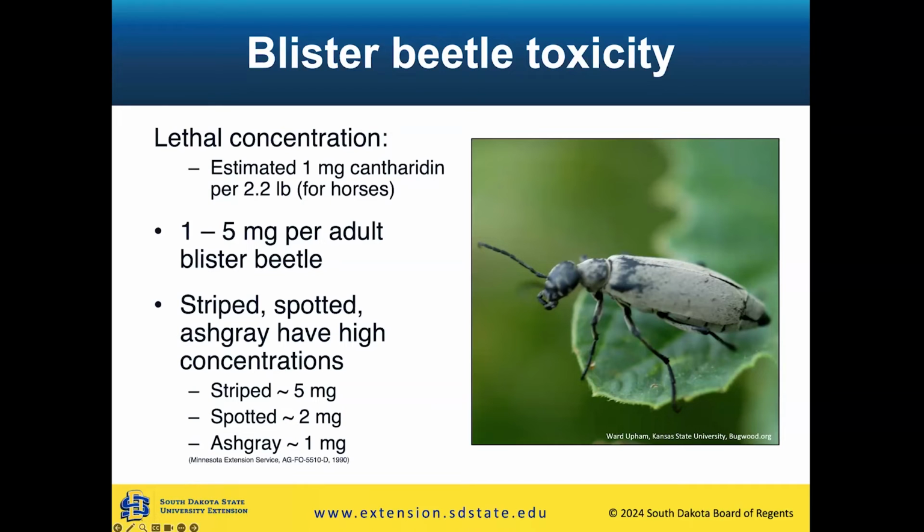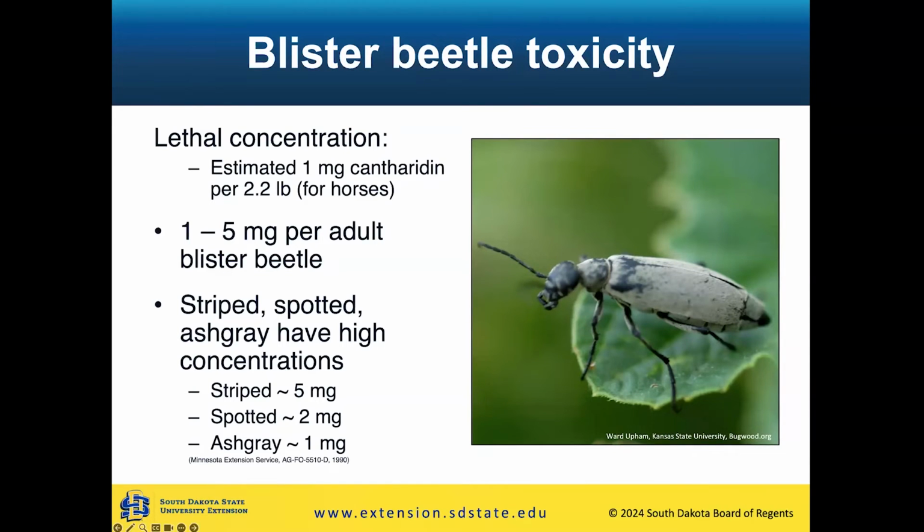For other animals, for cattle, it'd probably be quite a bit higher, but it kind of depends. Horses again are the main concern with this. And depending on the species, you can have 1 to 5 milligrams of this cantharidin per beetle. At least that's the ones that we have here in South Dakota.